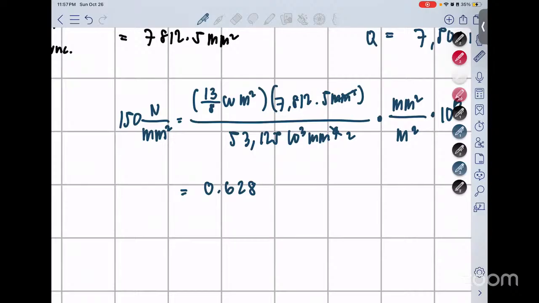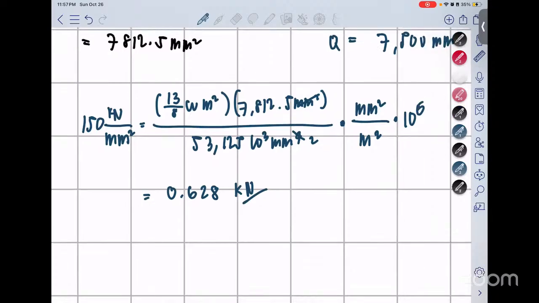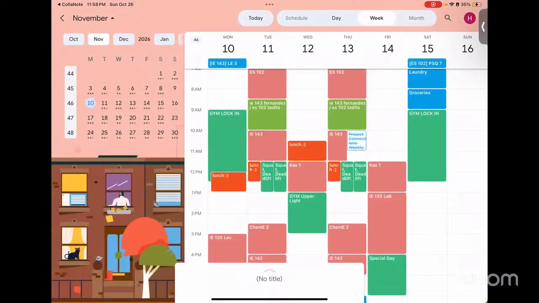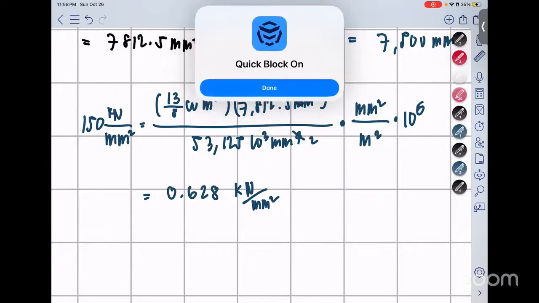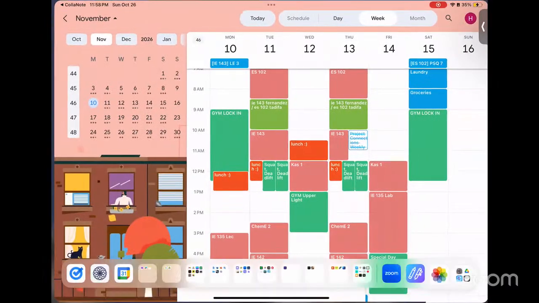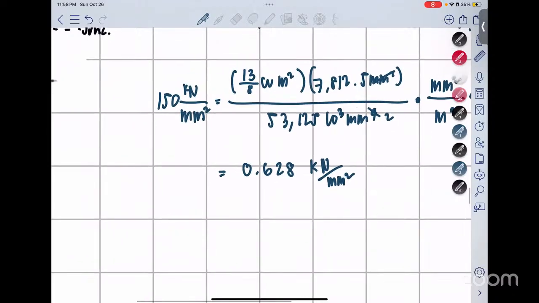Okay, so then this is in kilonewtons. Kasi this is in kilonewtons pala. Per millimeter squared. Right, so we canceled that out. Oh, sorry. My bad.